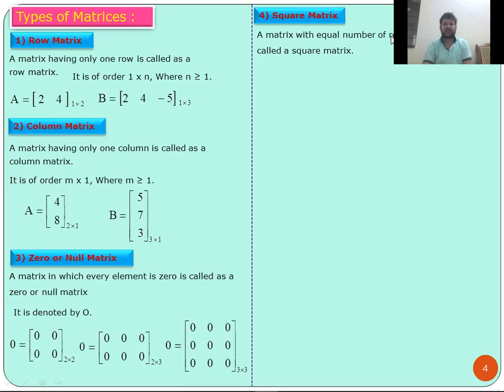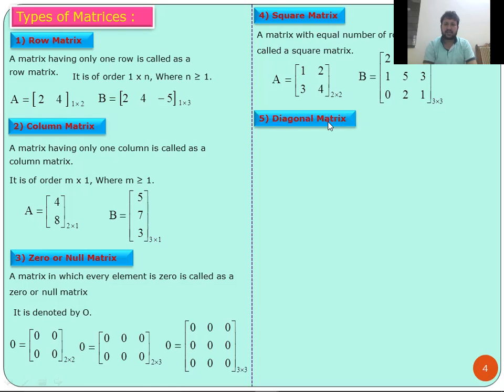So definition given here, matrix with equal number of rows and columns is called a square matrix. Example first, 2 rows, 2 columns, square matrix. One more sum, let us see, matrix B, express elements in 3 rows and 3 columns, order 3 by 3.